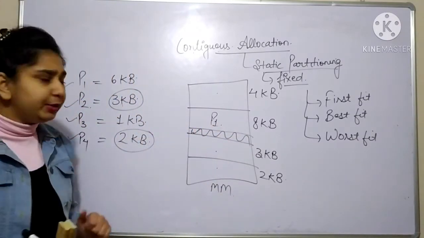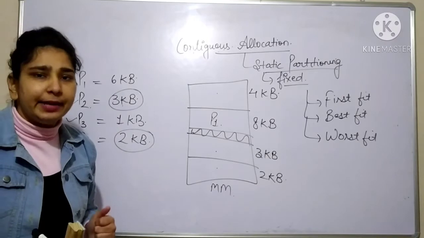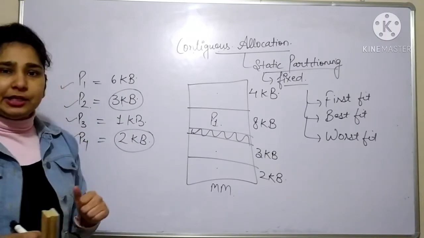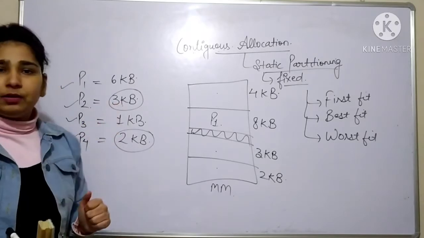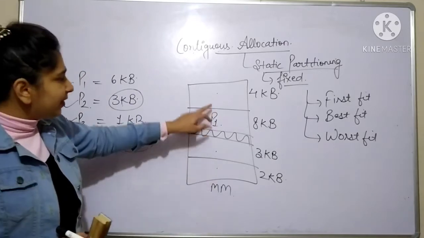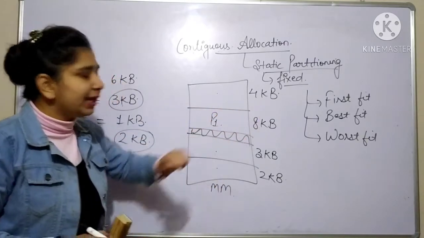Okay, process P2 size is 3 KB. Which is the first partition to store 3 KB? If you look at it, this first partition size is 4 KB.